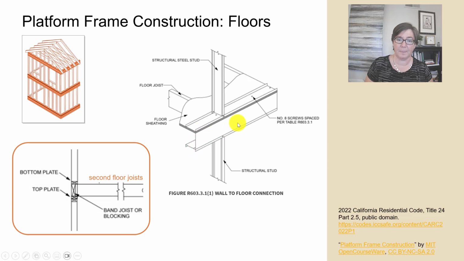They're going to connect to that, right? And we've got the floor sheathing. That's this piece right here. They've cut it away so that we can see. And it'll set on top of those floor joists. Here's the wall below. That would be this piece right here. The wall below is coming up. And here's the wall above. That'd be this piece right there, coming up here.